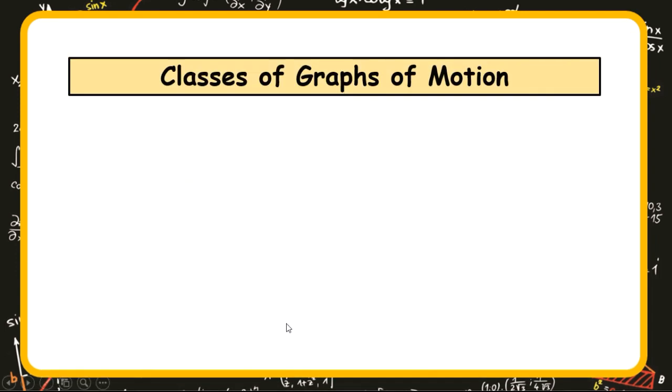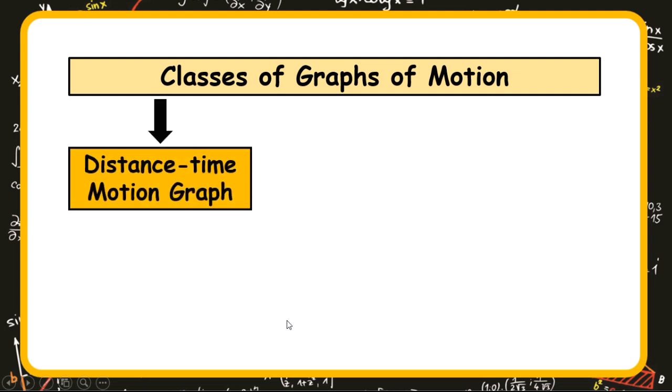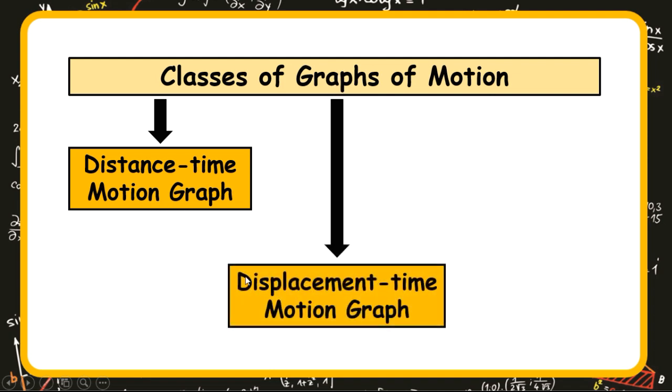So let's start with the various classes of graphs of motion. There are 3 of them. The first class is called distance time motion graph. The second, displacement time motion graph.